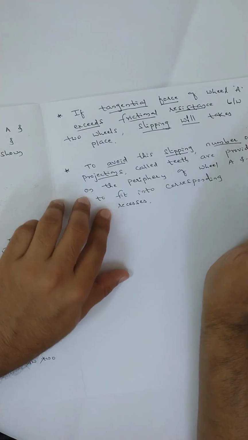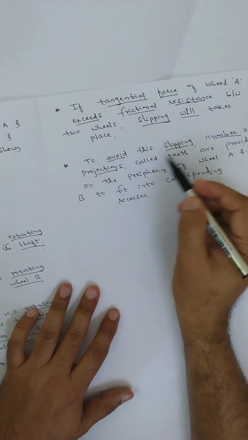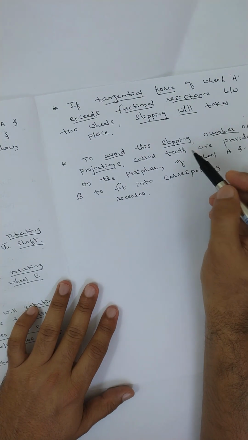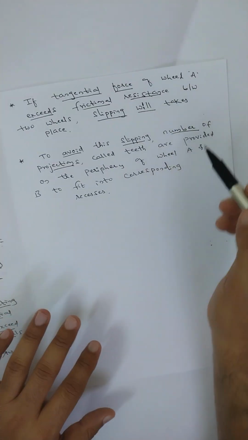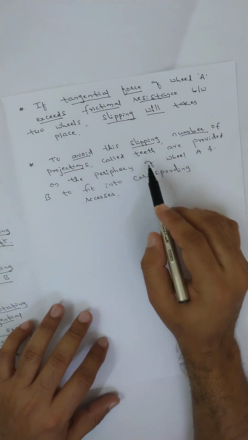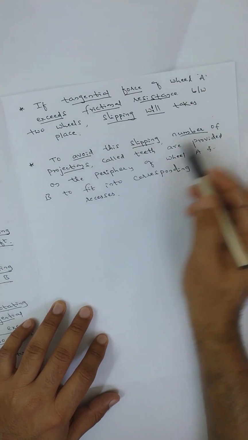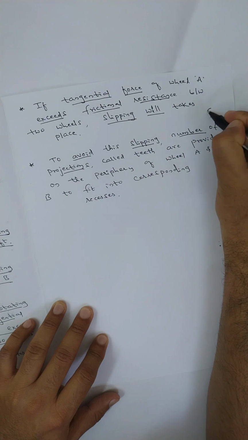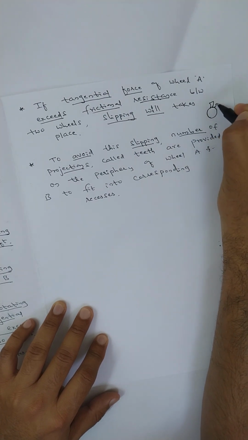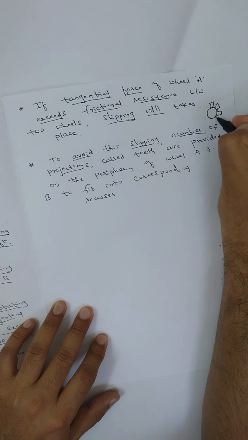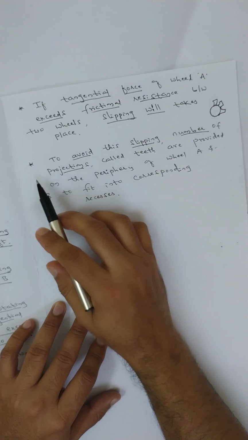Slipping will take place. So to avoid the slipping, what do we need to do here? We need to introduce gears, which have outside projections called teeth.